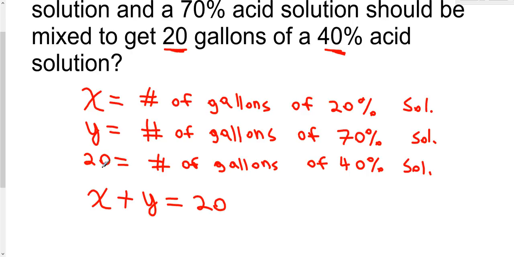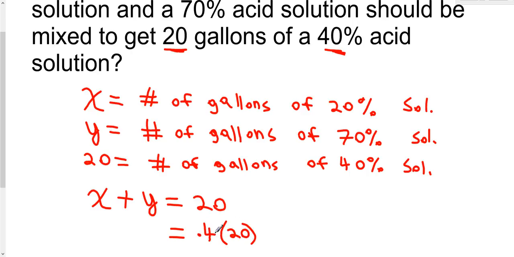I'll start from the bottom here, with this 20 gallons of 40% solution. Since I want 20 gallons of 40% solution, 40% of those 20 gallons will be pure acid. So the amount of pure acid in gallons is going to be 40% of 20, or 0.4 times 20.